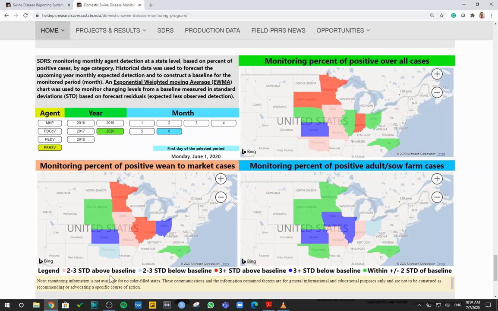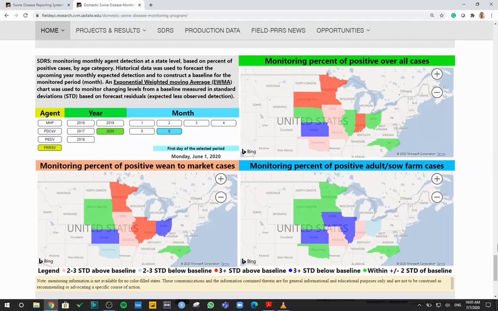So we call this within the baseline. Change between 2 and 3 standard deviations from the baseline signals that something may be changing the detection of this state-specific baseline. When we observe change greater than 3 standard deviations, this may indicate that changes from the baseline were detected and deserve further investigation.